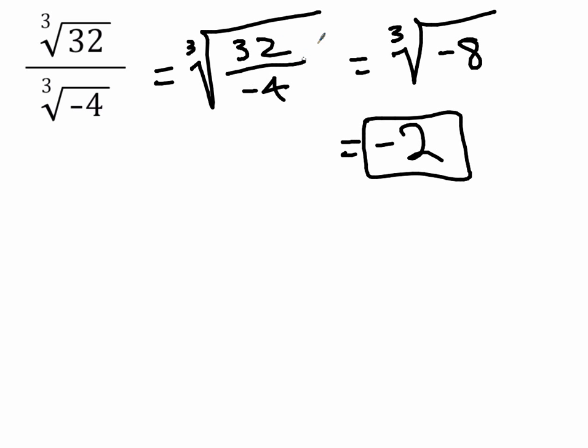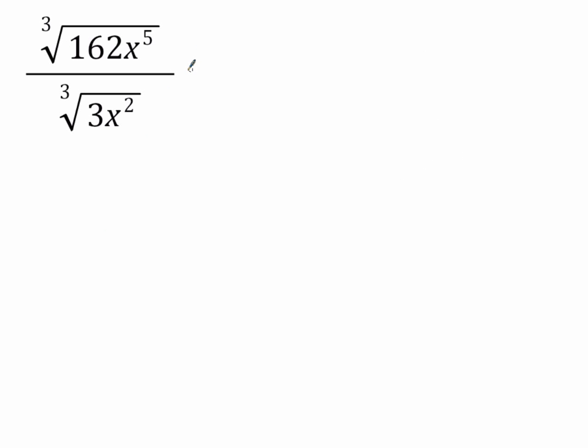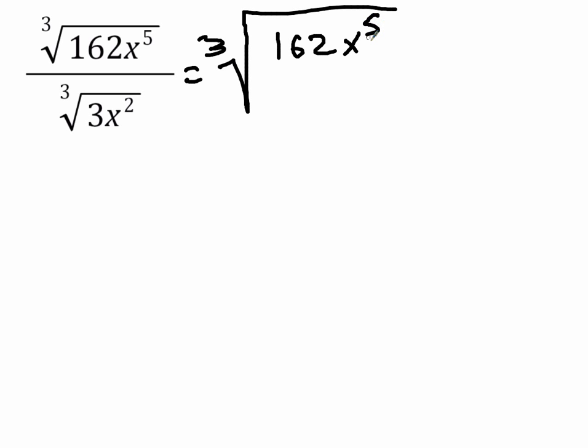So combining and simplifying first when you're dealing with fractions and radicals is a really good strategy, especially when you're dealing with variables. So I'm going to rewrite this as the cube root of 162x to the 5th over 3x squared. And now I'm going to combine this in a simplified version if I can.